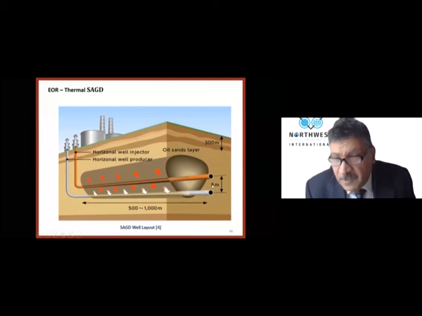Spacing between them is about 5 meters, sometimes 7 meters, depending. And that steam will melt the oil, which will drop down and come to be produced. This tubing should be slotted with holes in it, so the oil will go inside and you produce from the other side by having some pump producing.